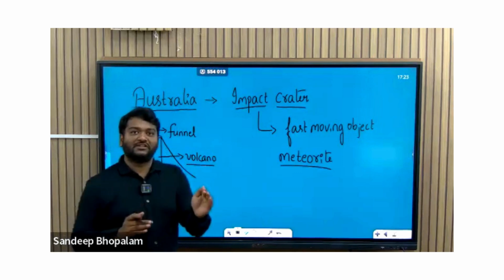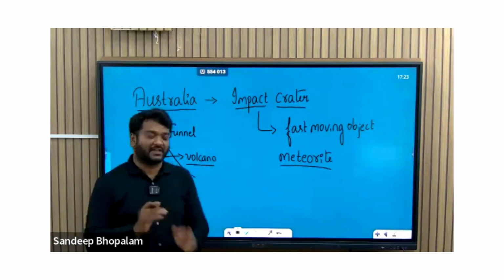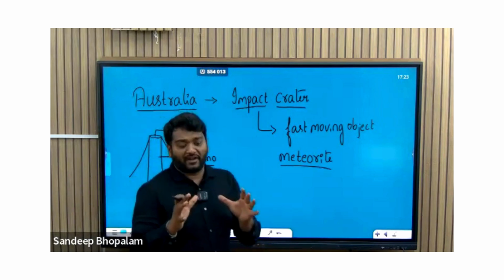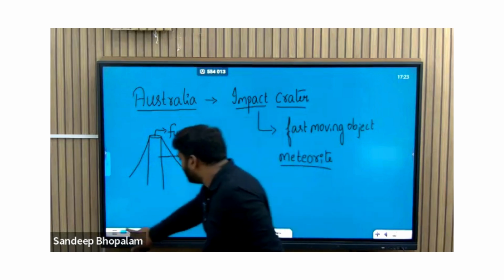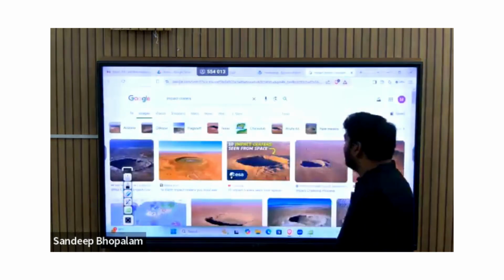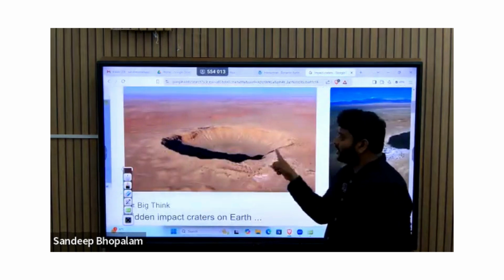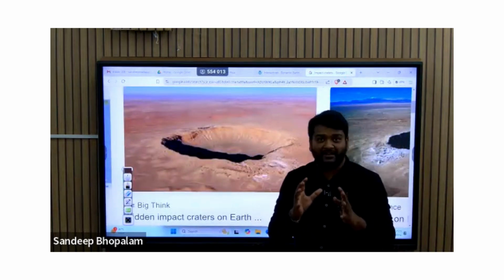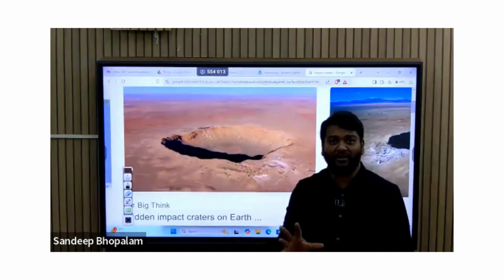First, let me explain the concept, then I'll come to questions that may be asked and that are asked in the exam. Now, whenever a huge meteoroid comes and hits the Earth's surface, there is a possibility of formation of craters like this. Can you see? These impact craters are formed because of the meteoroid falling.